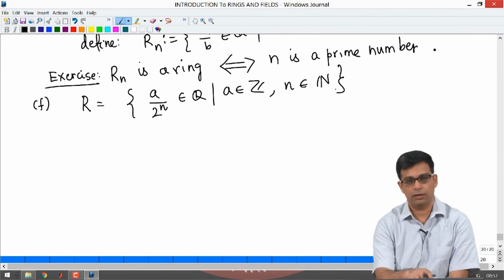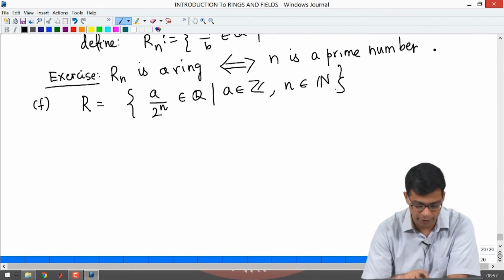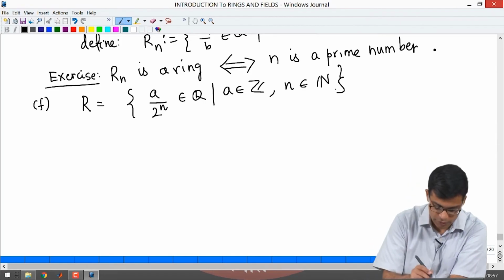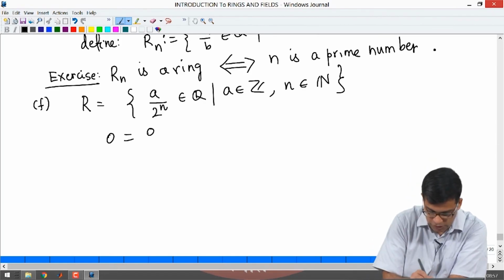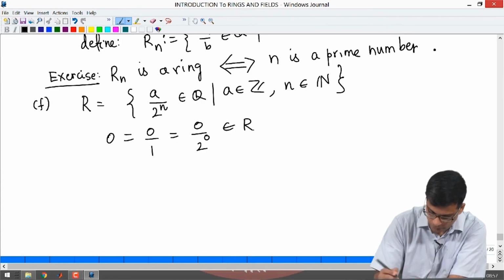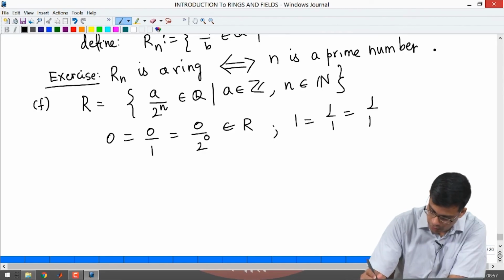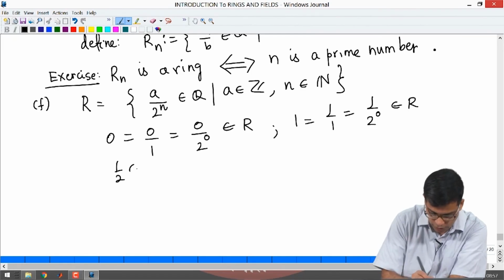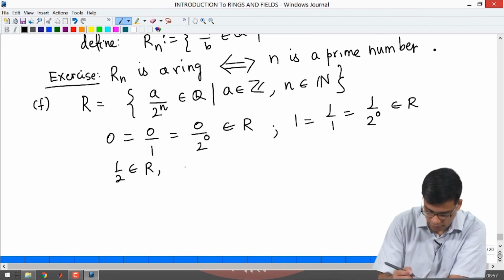So, I am taking rational numbers of the form A by 2 power n. So, denominator must be a power of 2, in other words. For example, 0, which is 0 by 1, which is 0 by 2 power 0, is in R. Similarly, 1, which is 1 by 1, which is 1 by 2 power 0, is in R. 1 by 2 is of course in R, right.